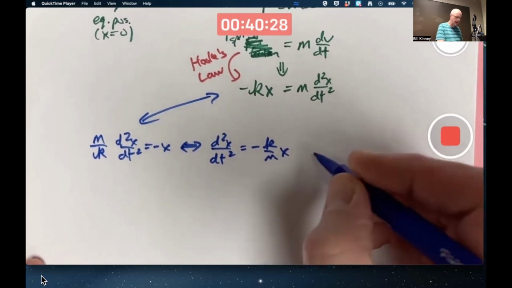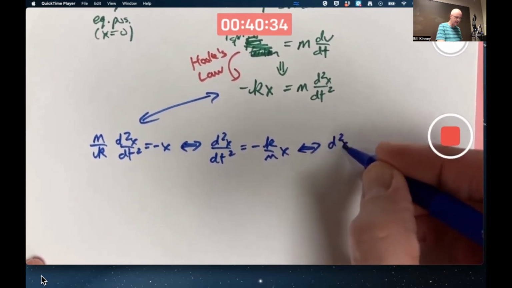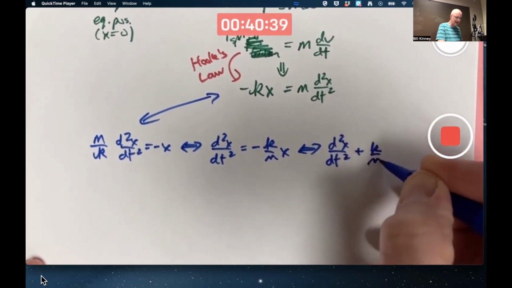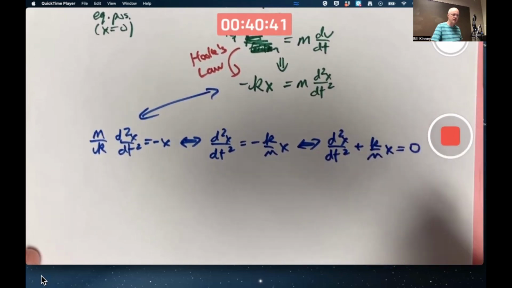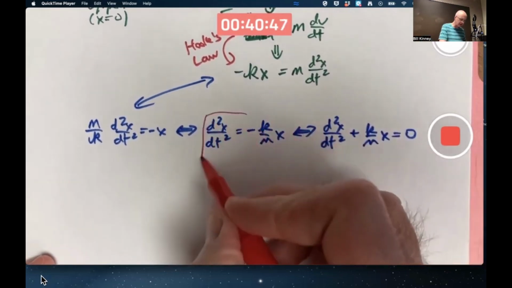That's a more common way to write it. One last way to write it is to then add k over m times x to both sides and write it in such a way that you get 0 on one side. Any of these ways of writing this differential equation is fine. Though as far as finding solutions, this is probably the easiest form to think about.